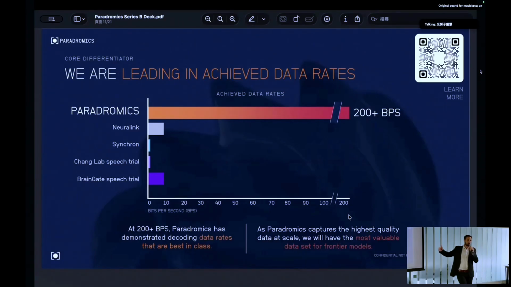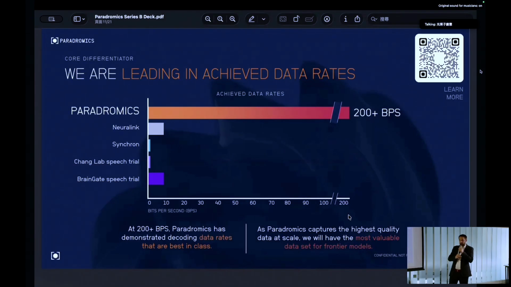What's really core is not only that we're delivering this technology, but also that we have a roadmap for continuing to make it better in the way that Intel and NVIDIA and Qualcomm and TSMC have always continuously pushed forward their capabilities. We see that the future of brain-computer interfaces will follow more of a semiconductor model.